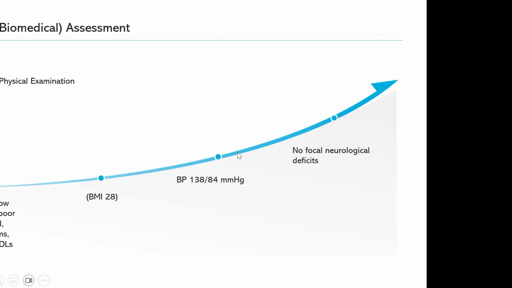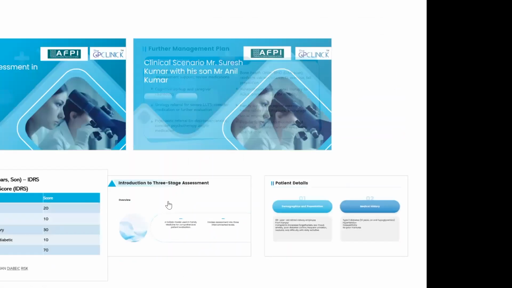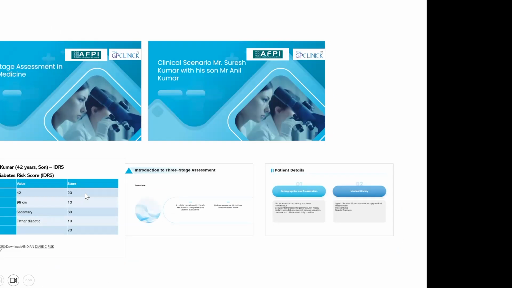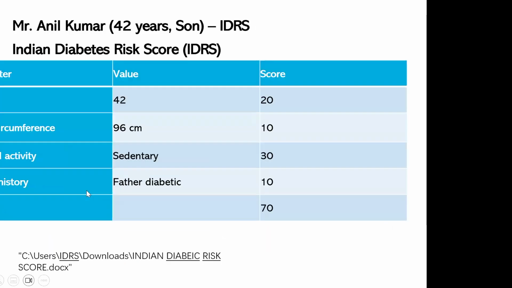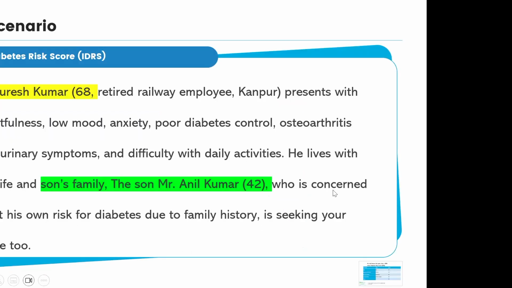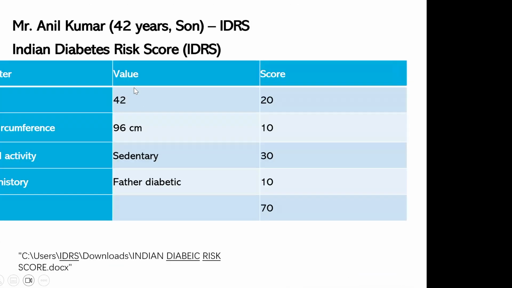So we know what we have done, and now the son comes. Son says, okay, thank you very much for papa, but how do I fare? Because my father has been sick. So we say in this scenario that he was concerned about his own risk for diabetes, and is seeking your advice too. So what we do is we screen him with the Indian Diabetes Risk Score developed by the Madras Diabetes Foundation by Dr. V. Mohan, and we see that his score is 70.